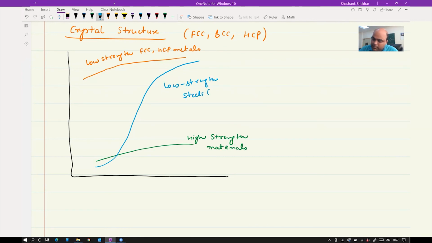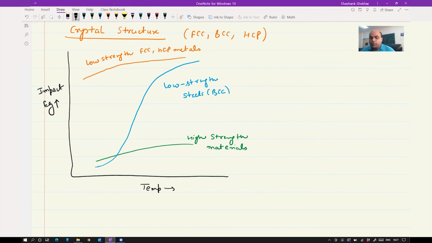So BCC. And X-axis is impact energy. And here you have temperature.